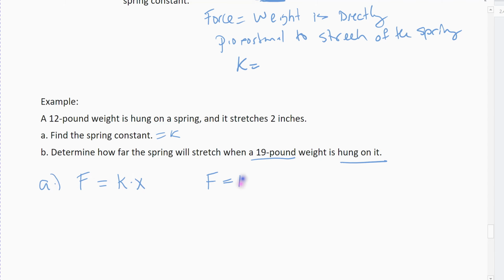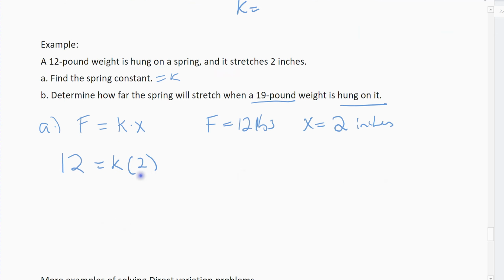And so we have a force of 12 pounds, stretches it a distance of 2 inches. All right, find K. We'll just plug those in. So 12 pounds is my force, K is what I'm looking for, my X is 2, and then it's just simple solve. So my K, my spring constant, is 6.